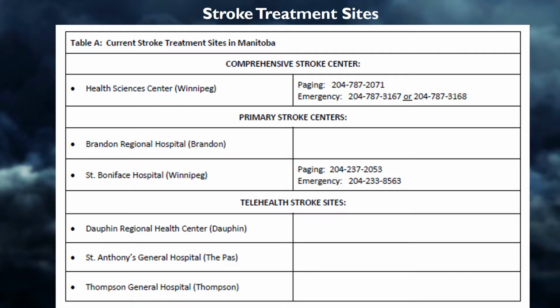So they will use the telehealth system. The patient gets the same care at the primary stroke center and the telehealth stroke sites. So they're considering fibrinolytics at this time. And we're going to get to the comprehensive stroke center and how that really changes things in a bit.